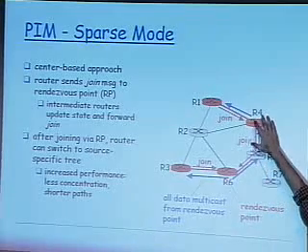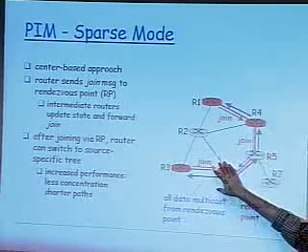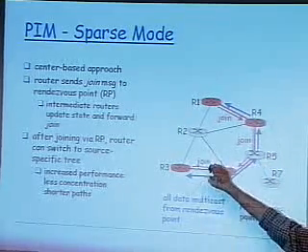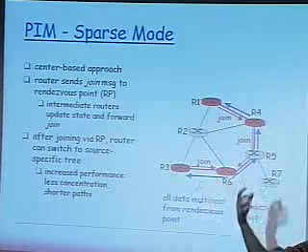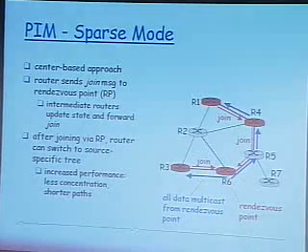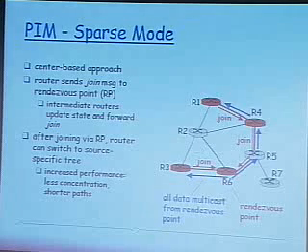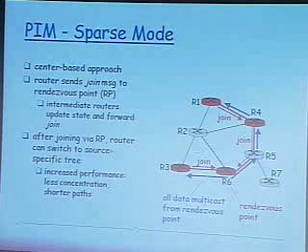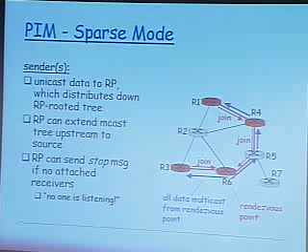Here, this just lets you join the network. Once you're part of the network or the tree, then you can switch to a source based tree. You need not send it to the core or the center. That's the principal difference.